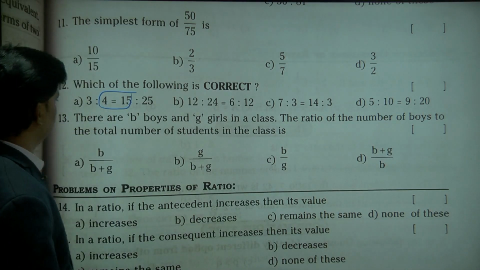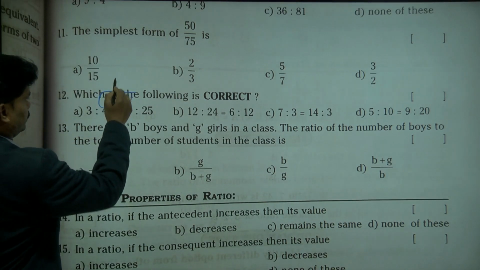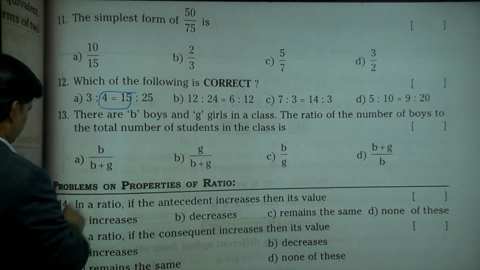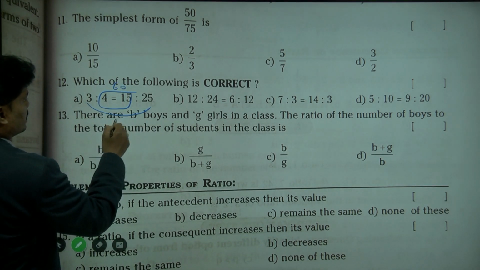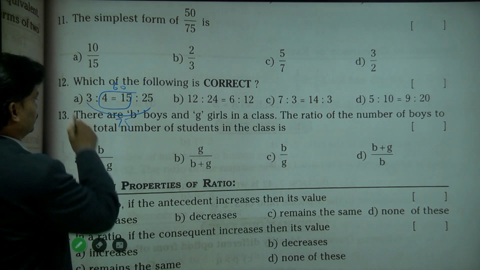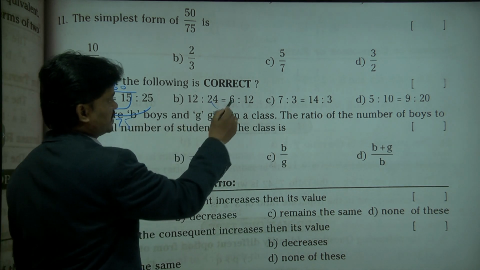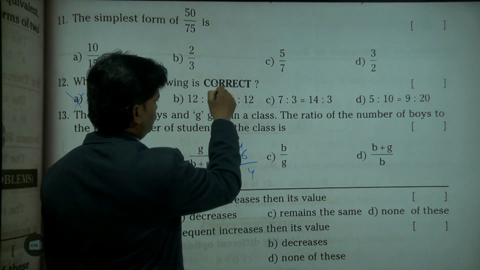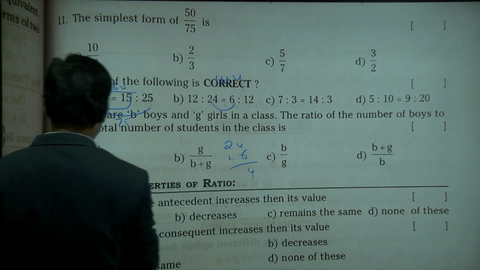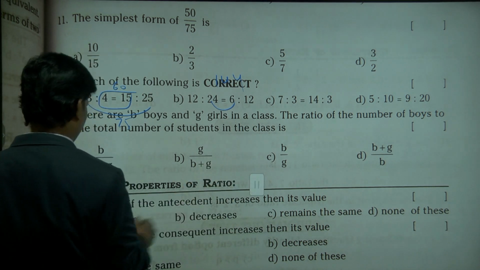Now check the next. 4 fifteens are 60. 3 twenty-fives are 75. Not equal. 24 sixes, how much? 144. And 12 twelves are 144.